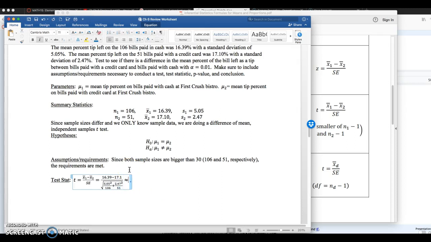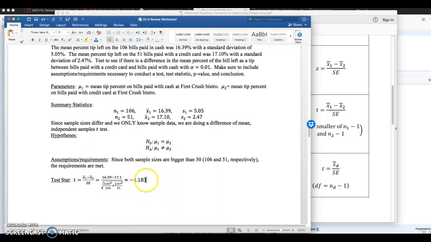I'm going to plug this in my calculator. And I get about minus 1.1829. I'll round that to minus 1.183 for my test statistic.